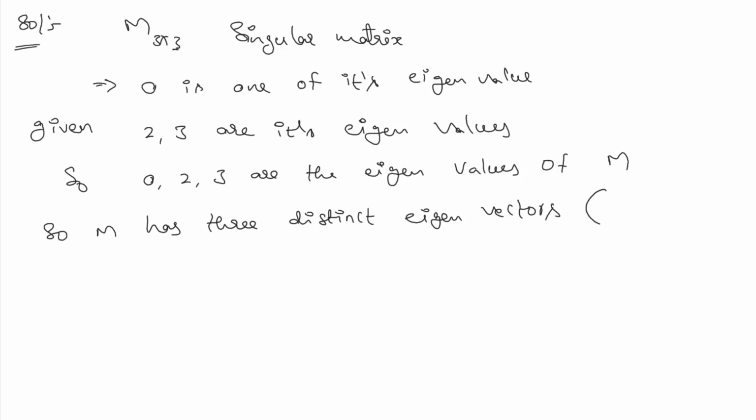Let me say those eigenvectors are I1, I2 and I3. These three are the eigenvectors corresponding to these eigenvalues of the matrix M.